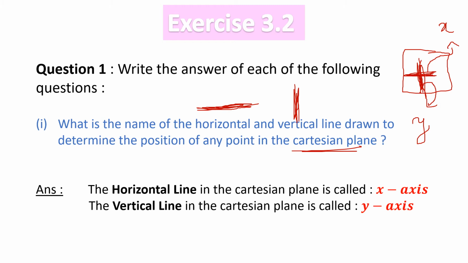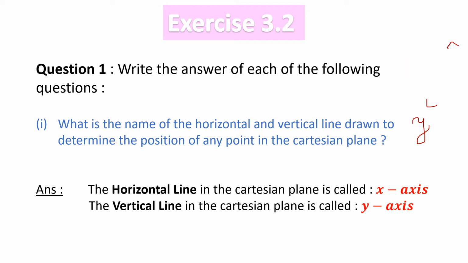They are drawn so that whenever we take a point, I can determine the position of that point. Only if I have the x and the y-axis can I tell the position of that point according to the numbers on the x-axis and the y-axis. That is what they are asking us: the names of the horizontal and the vertical lines drawn in a Cartesian plane to find out the position of any point.